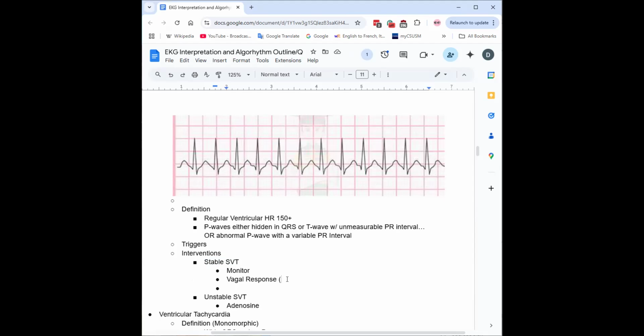Honestly, acting like you're taking a poop is a good one. So bearing down. I don't think transcutaneous pacing is typically used for SVT. It's more for when they're bradycardic, unable to maintain their cardiac output. I don't recall if they have it for SVT. I don't recall it either. I don't see it in our notes personally.